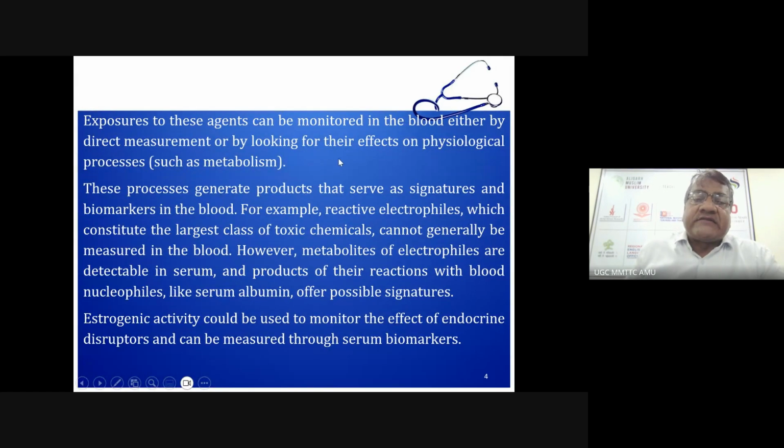For example, reactive electrophiles, which constitute the largest class of toxic chemicals, cannot generally be measured in the blood, but their metabolites are detectable in serum. The serum is the part of the blood. So metabolites of electrophiles are detectable in the serum, and products of their reaction with blood nucleophiles like serum albumin offer possible signatures, possible indications.